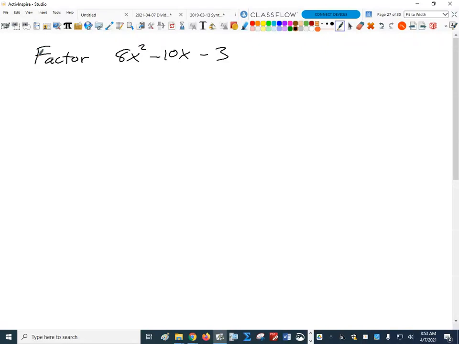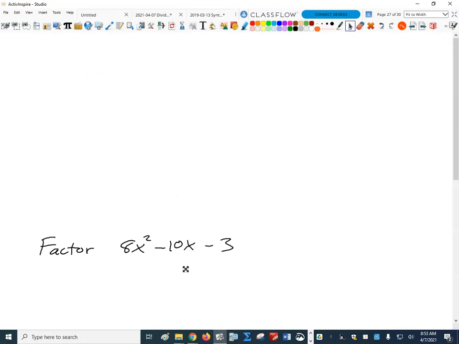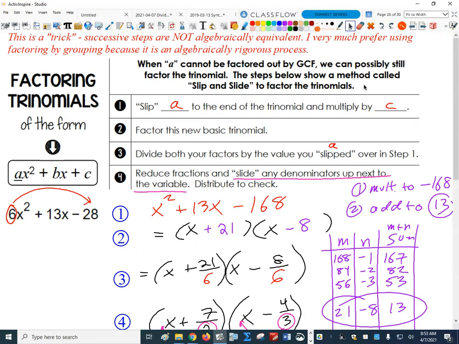Okay, I'll put the steps up here for this one. Okay, how can I do that?